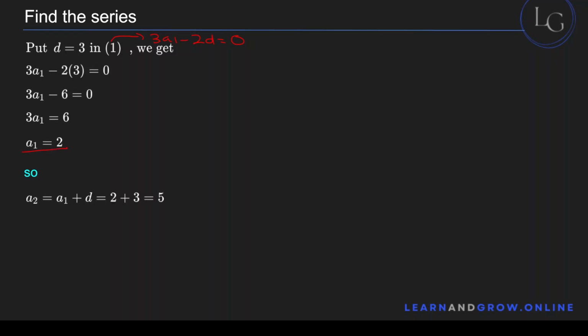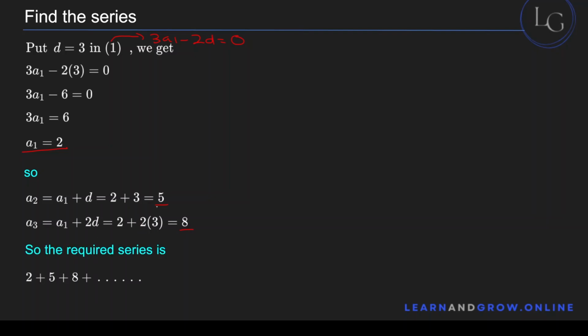Now, you find the second term, a2, which is a1 plus d, and that gives you 5. The third term is a1 plus 2d, and that will give you 8. So now you have the first 3 terms of this series. And so the required series is 2 plus 5 plus 8 plus ... And now this is the answer.